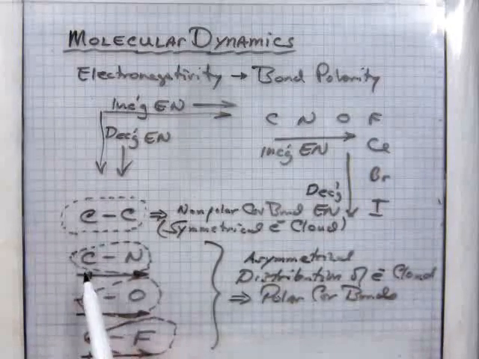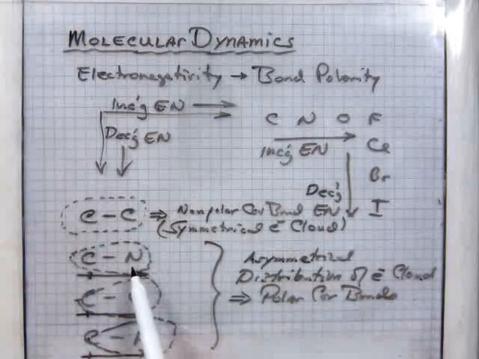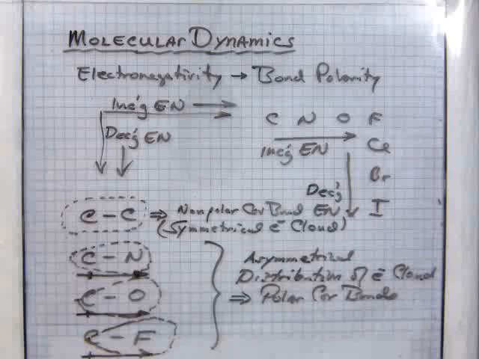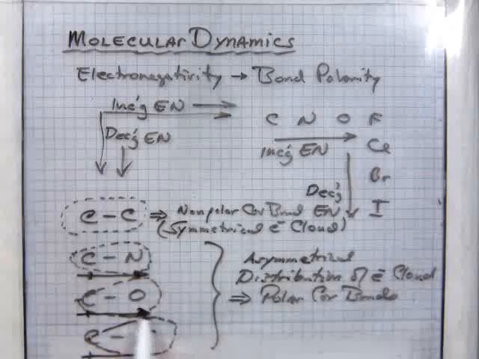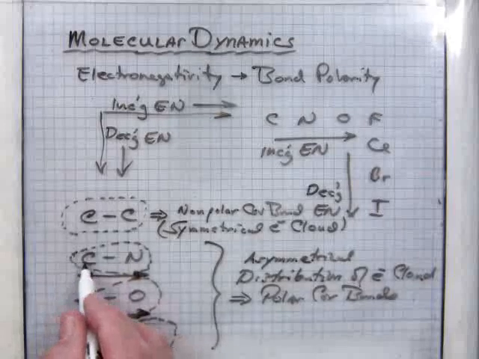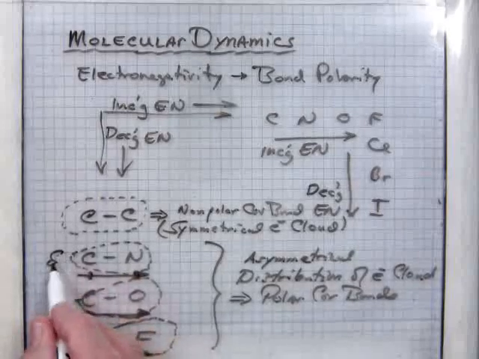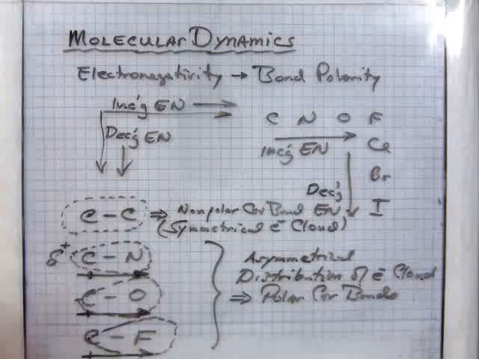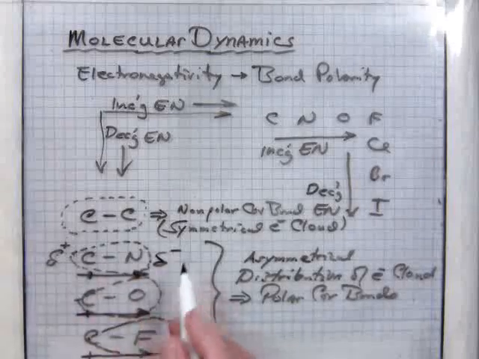As they shift toward the more electronegative element in each of these cases, one way to think of it is we uncover some of the nucleus of the adjacent carbon, creating a dipole. That's why I drew the arrows as I'm showing you here. On the carbon end, we make a little delta with a positive: that end of the molecule is a positive center, and this end is negative.